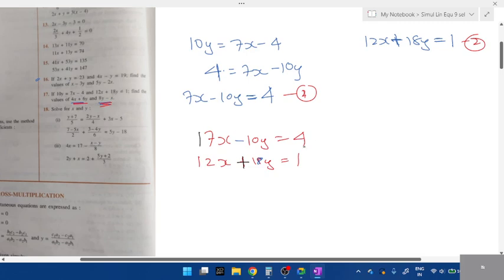Yes. Now you multiplied into 12 and you are into 17, the number I've written. Next.